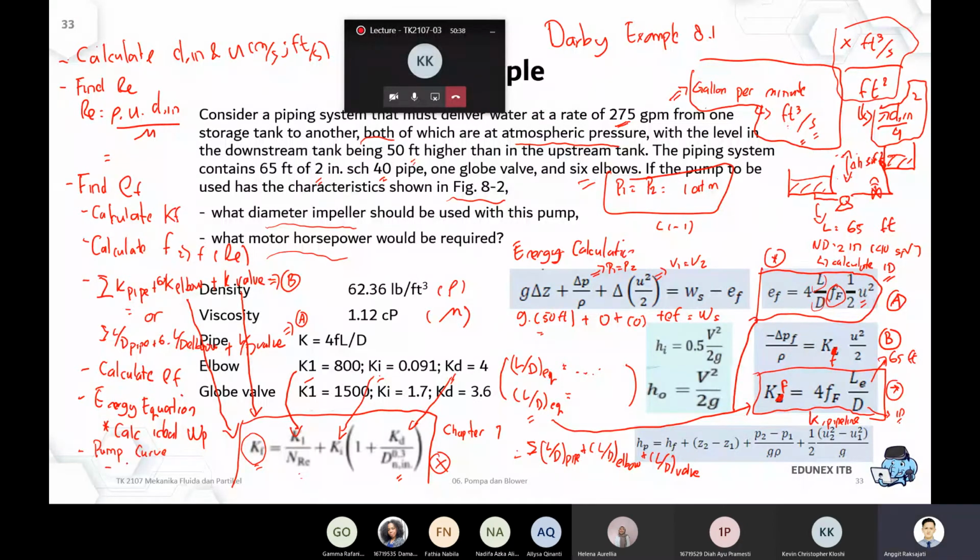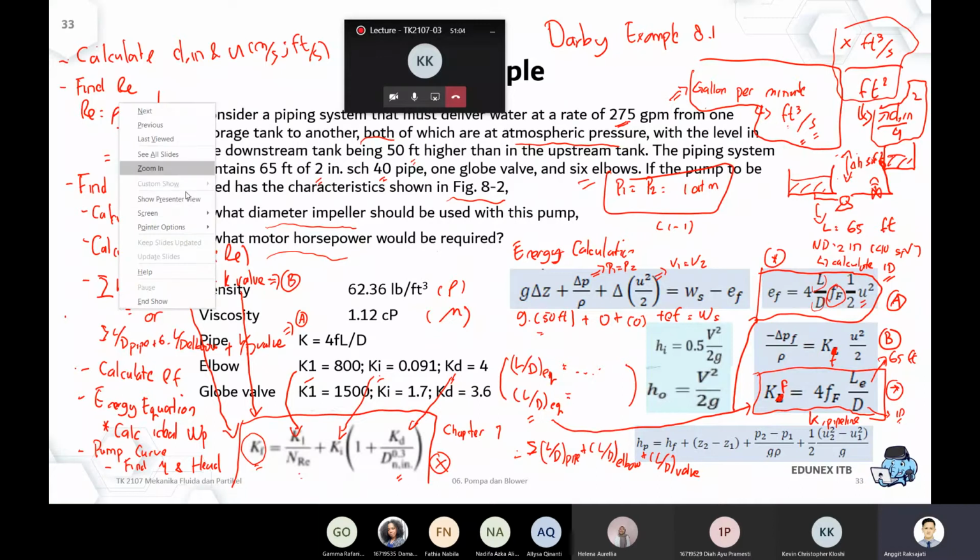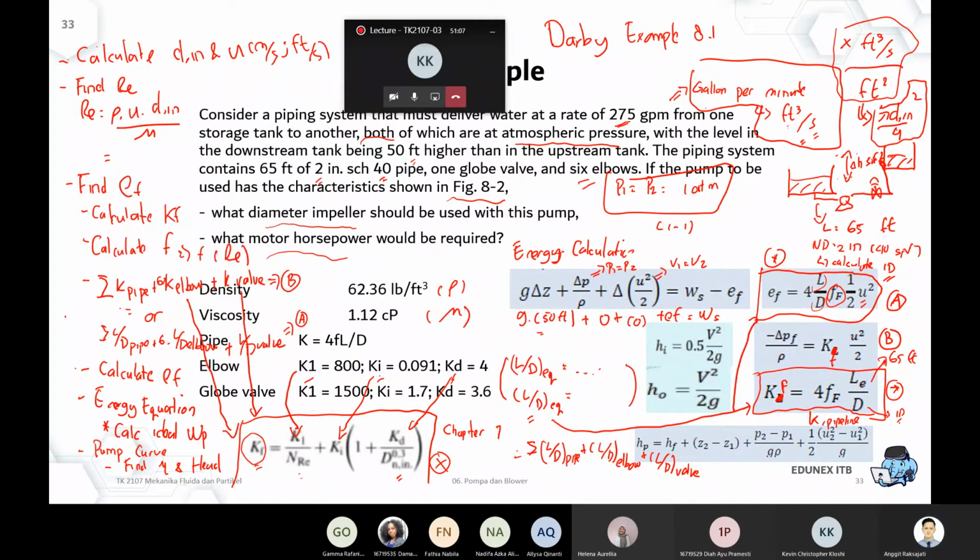Then find the efficiency and the head. Okay, and then choose the impeller.